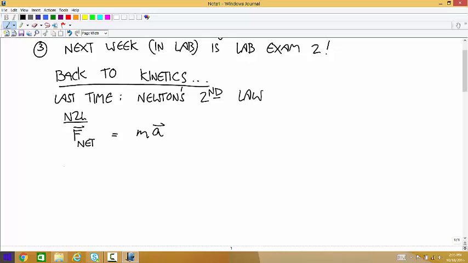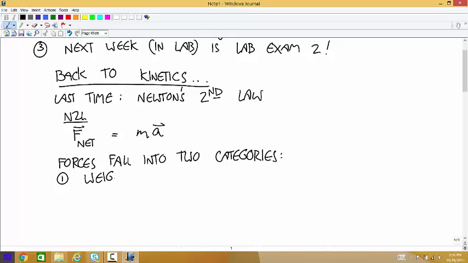And the forces, let's say, fall into 2 categories. The first one is weight, and that's pretty easy to deal with. And the second one is contact forces.